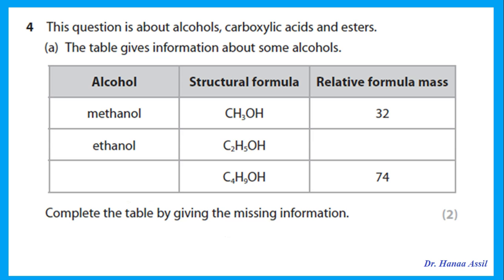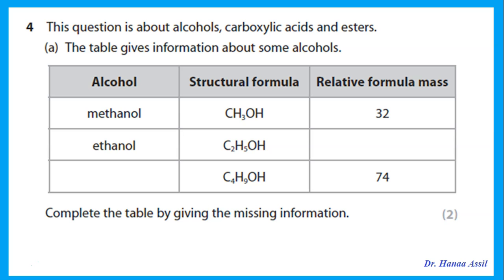This question is about alcohols, carboxylic acids, and esters. The first question says, complete the table by giving the missing information. We are required to get the relative formula mass of ethanol. Do you know how to get relative formula mass? We have 2 carbons. Each carbon has a mass number.